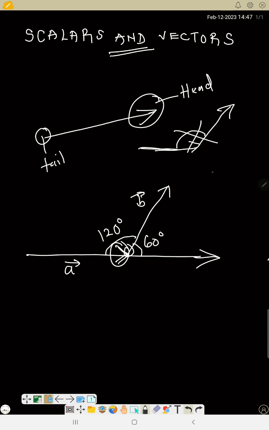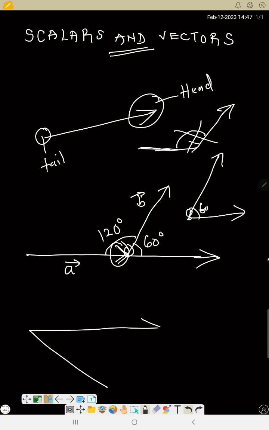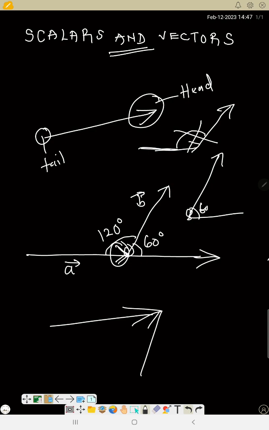Angle can be formed from tail to tail, so the angle here is 60. Don't forget, the angle between two vectors must be tail to tail, that is, the tail of one vector to the tail of the other. If it is head to head, or head to tail, the angle cannot be formed. It must always be tail to tail.